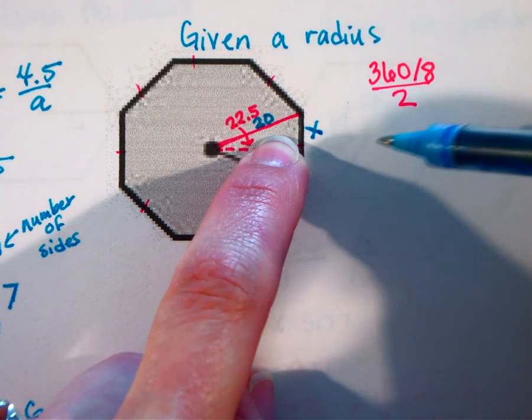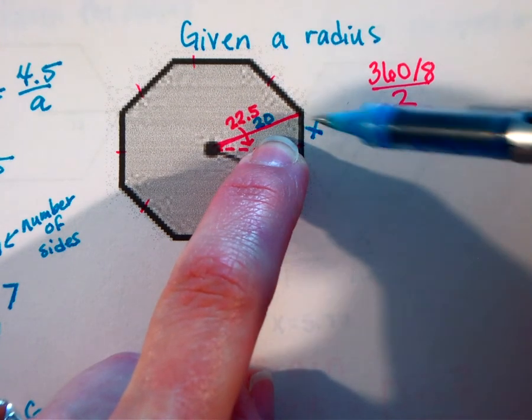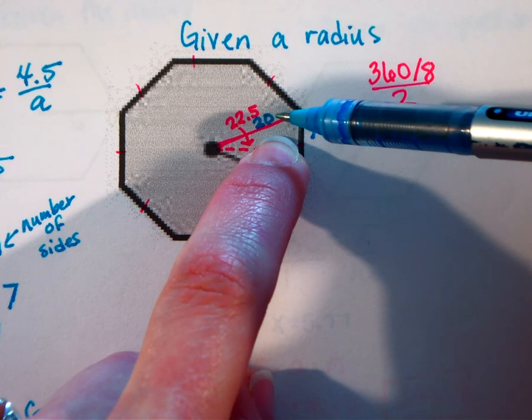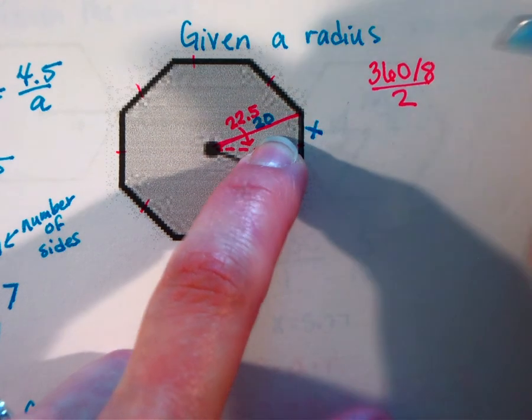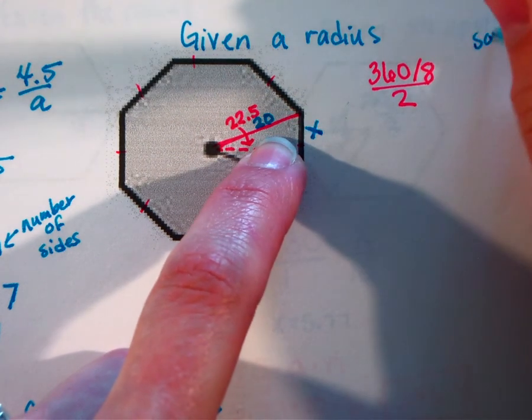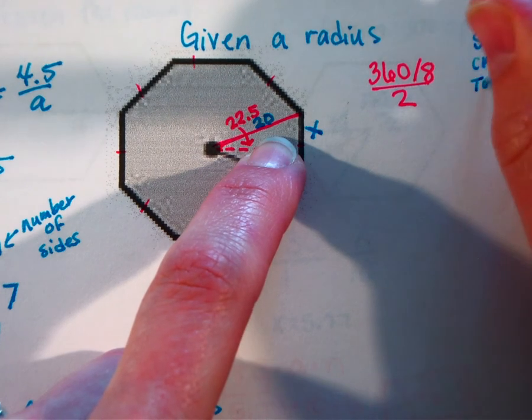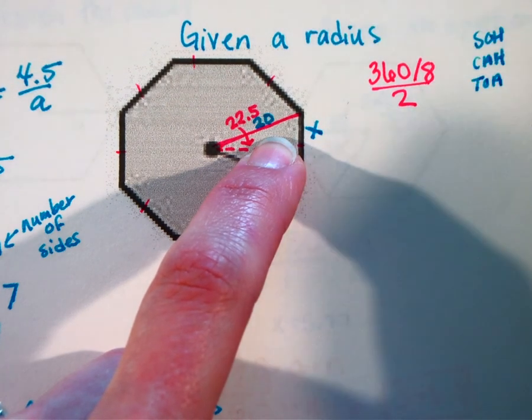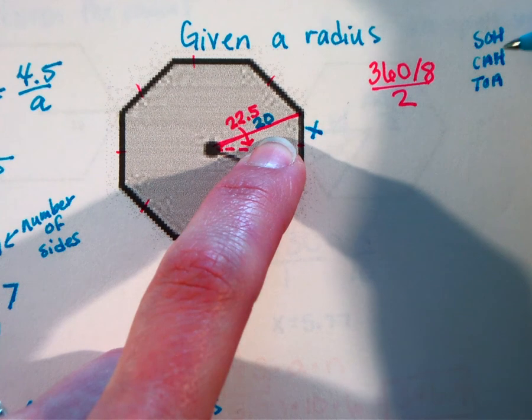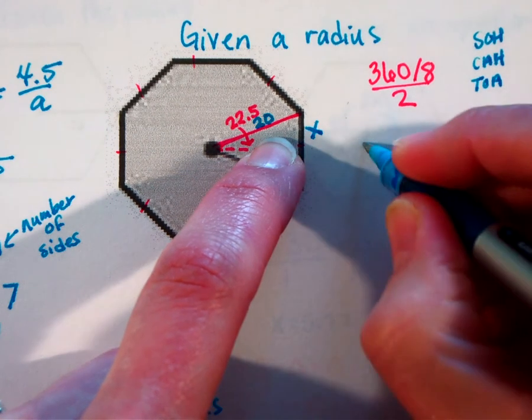So from the 22.5, x would be the opposite, and 20 would be the hypotenuse. Which function deals with opposite and hypotenuse? That's going to be sine.